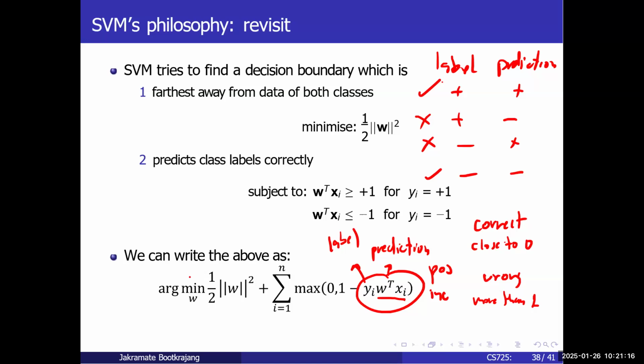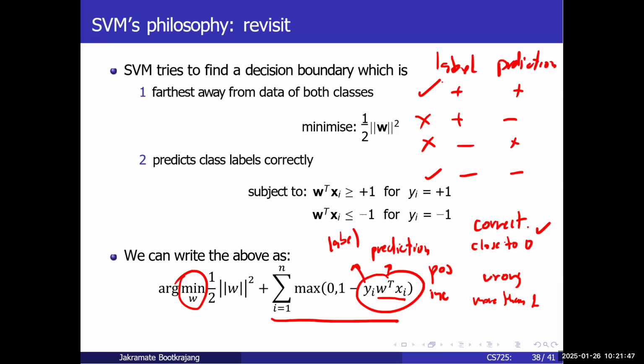So we want to minimize this entire expression. When we want to minimize this expression, we want this term to be very small, right? And when this becomes small, you want a lot of correct, right?